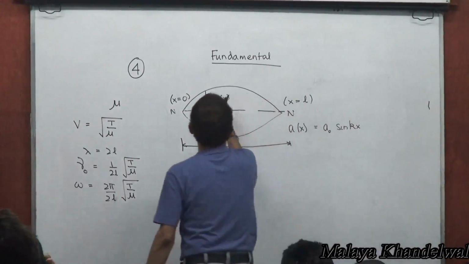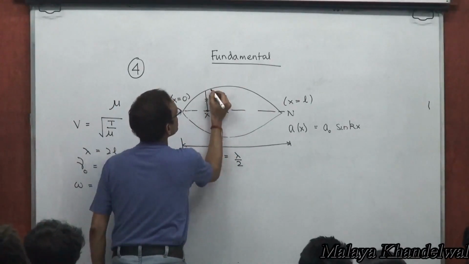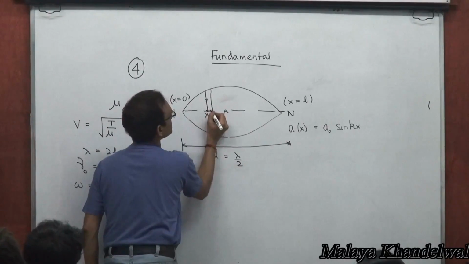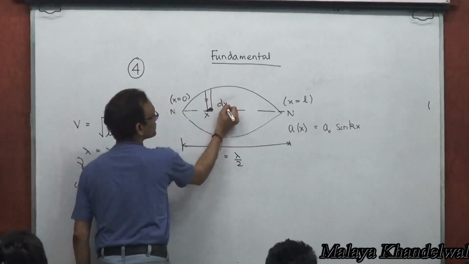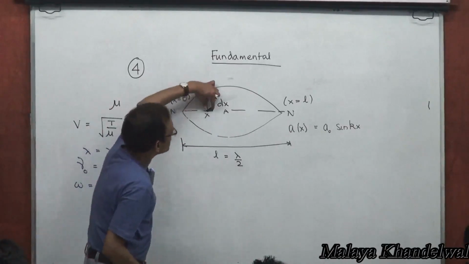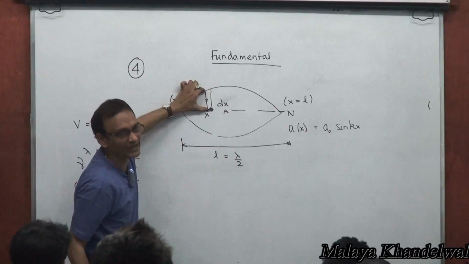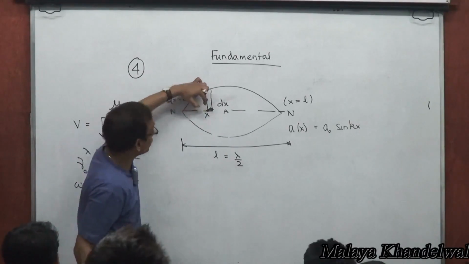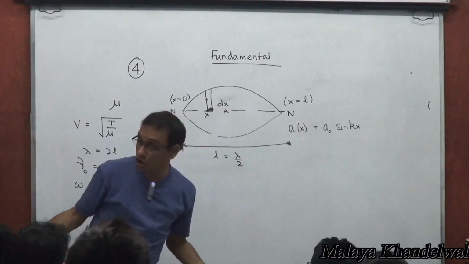So at a given x, if I choose a small length of the string dx, then this is like a particle executing simple harmonic motion with amplitude a at x and angular frequency omega. So the total energy of this oscillator will be the maximum kinetic energy also, right?